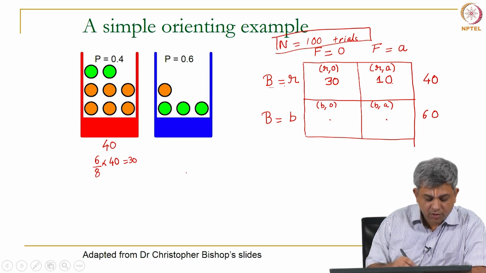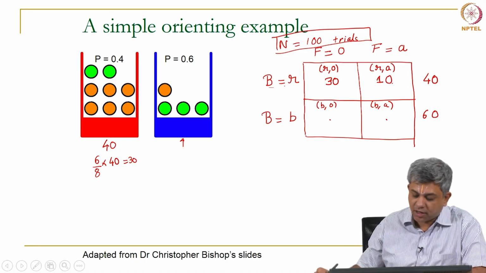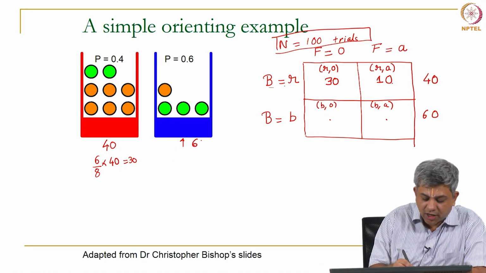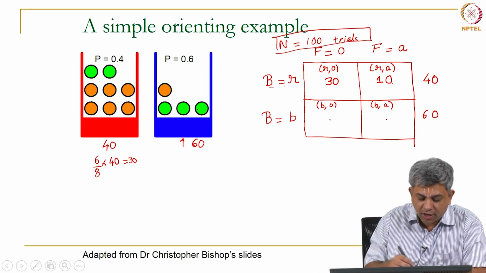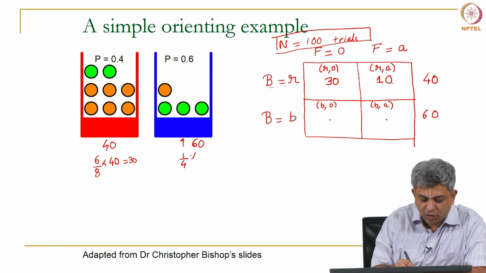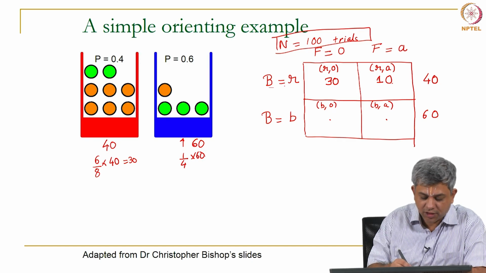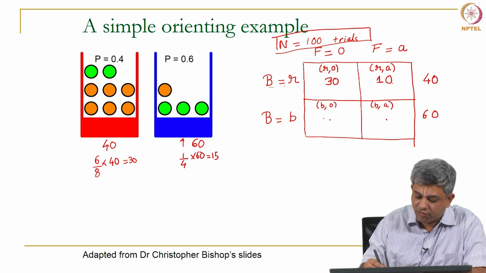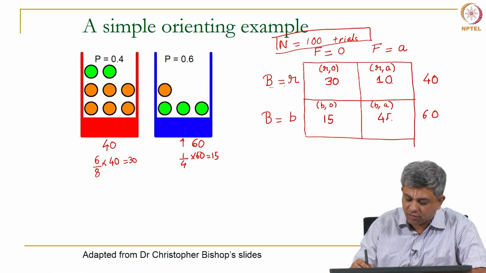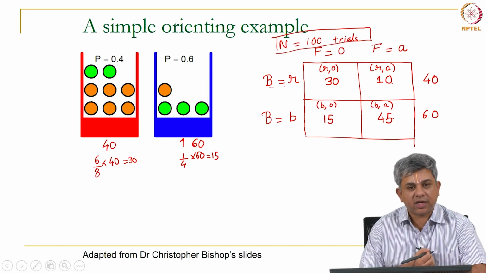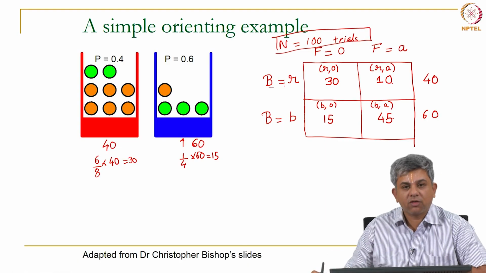Okay. Now, let us find out a similar case here. 60 of the cases are the blue basket, and within that an orange comes 1/4 of 60, which turns out to be 15, and we now know that in the rest of the 45 cases we must actually be picking an apple.